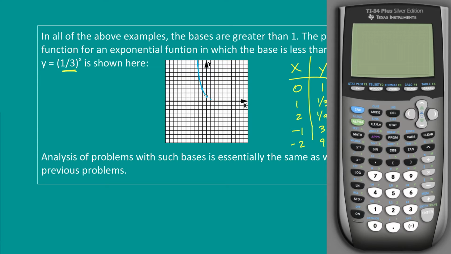So when we have a base that's less than 1, it more or less does a horizontal flip across the y-axis. And that's the beginning of the unit. We're going to continue on with these exponential parent graphs in the next one.